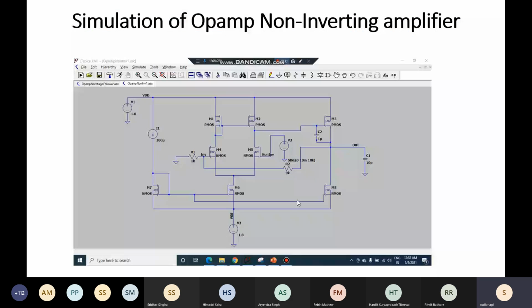So like in the cadence diagram for the NMOS in the final stage, we had connected the gate terminal to the drain. But in this case, we are connecting it to the gate of the current mirror. So why is there a difference? Which transistor?